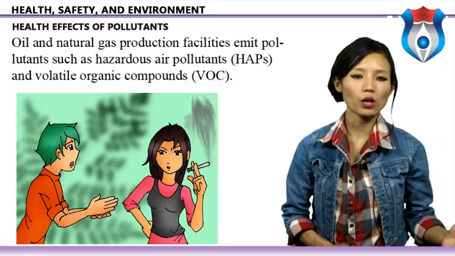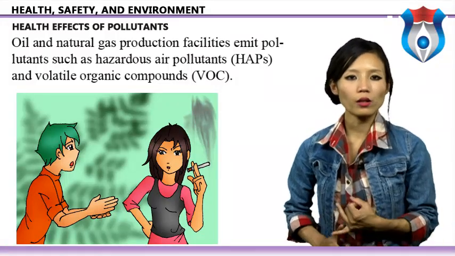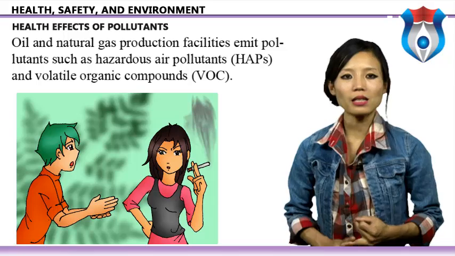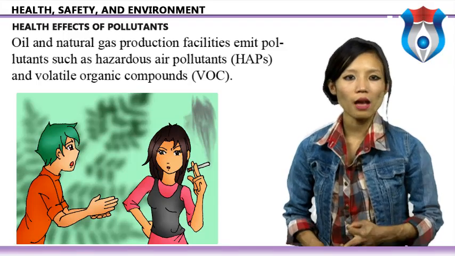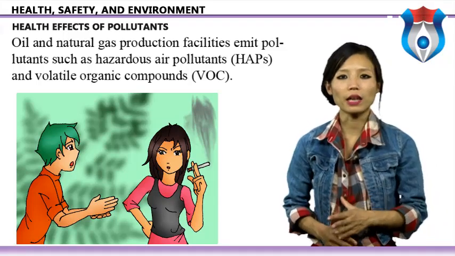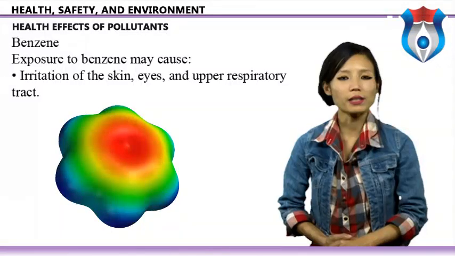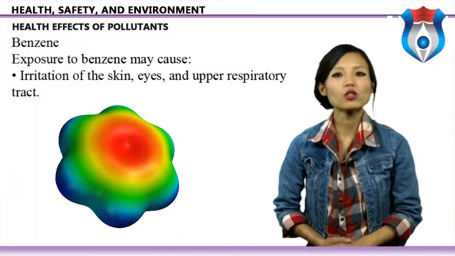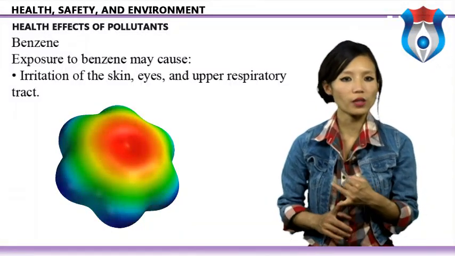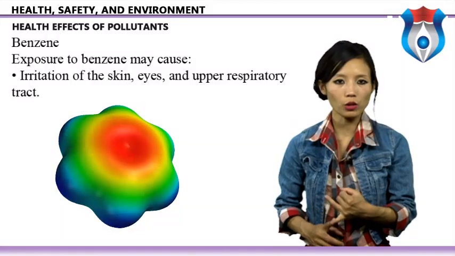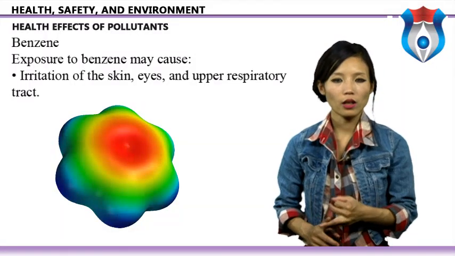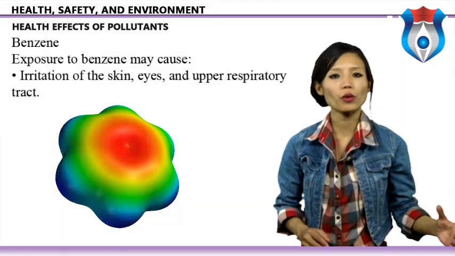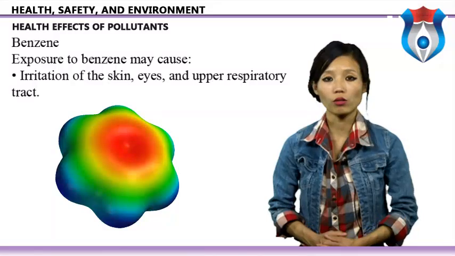Oil and natural gas production emits benzene, toluene, ethylbenzene and xylenes (BTEX), as well as n-hexane and VOC. Benzene: exposure to benzene may cause irritation of the skin, eyes and upper respiratory tract, and blisters on the skin. Exposure to benzene over a long period of time may cause blood disorders.